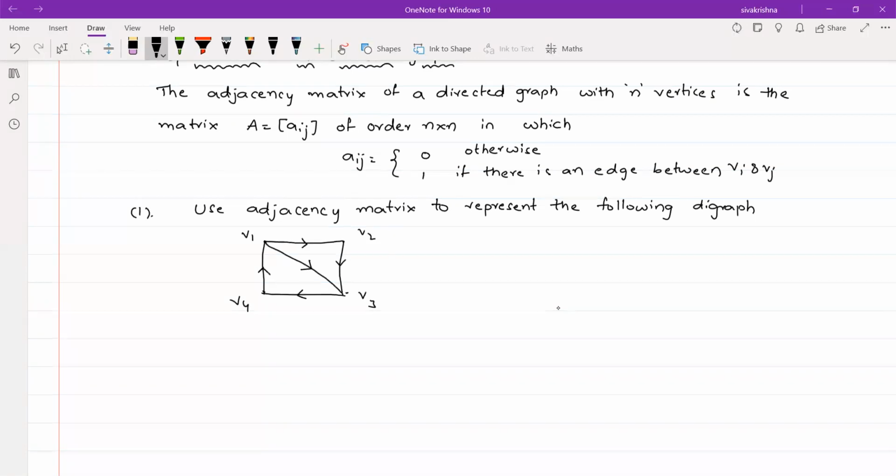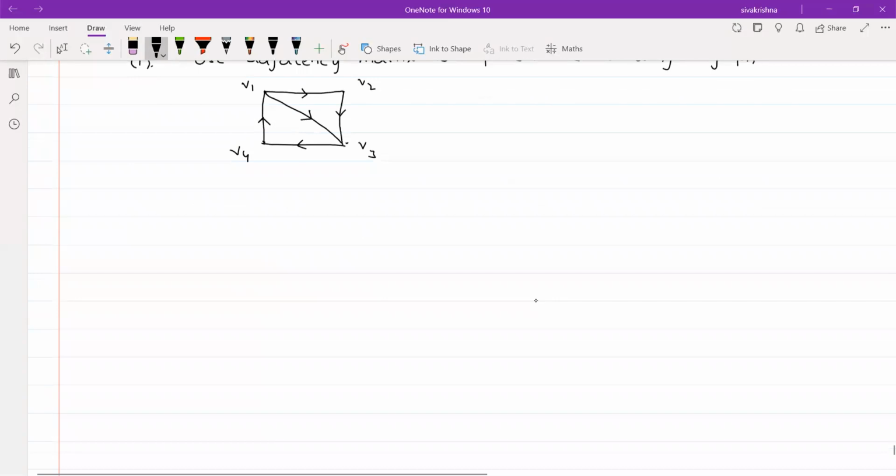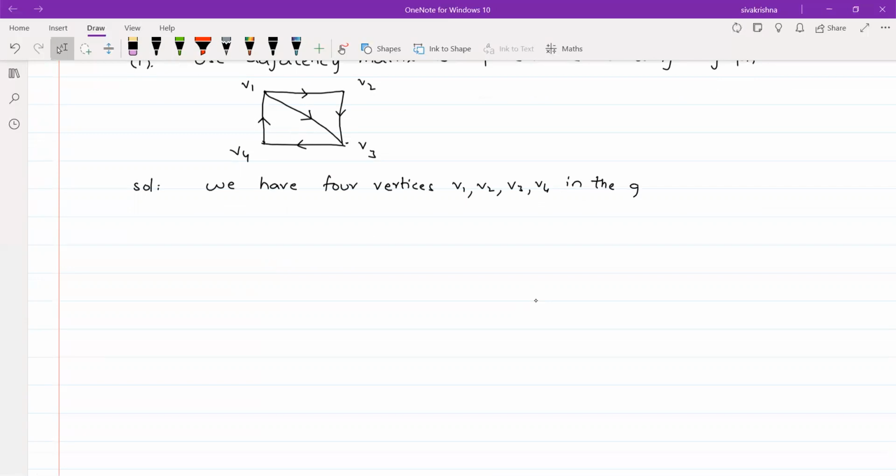Okay, so coming to the solution. We have 4 vertices V1, V2, V3, V4 in the given digraph. Digraph is nothing but directed graph. We can also call a directed graph a digraph.